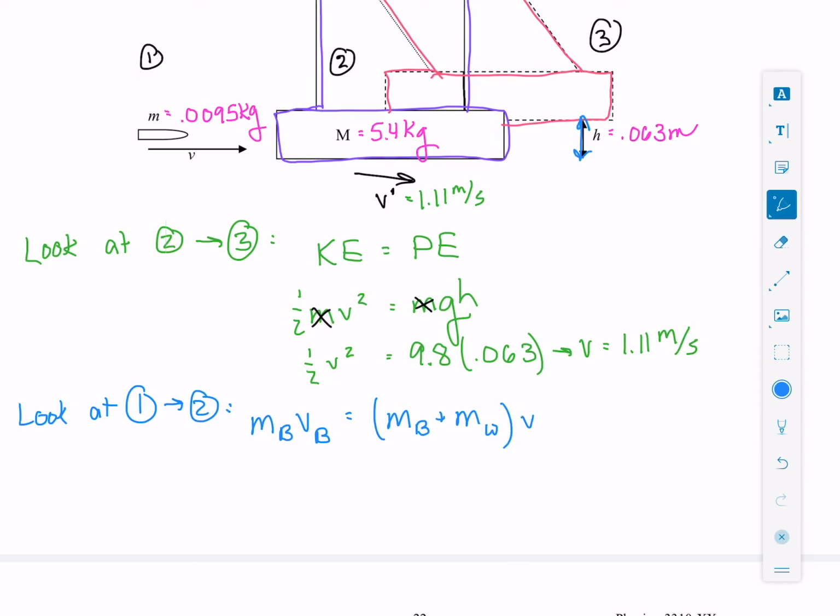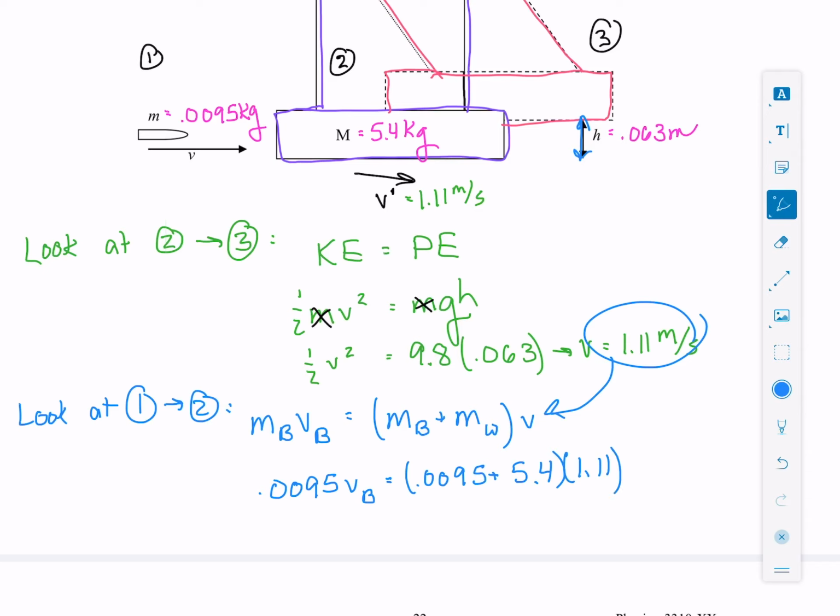That's the speed that we just found here. This speed is going to go here, and we're looking for the initial speed of the bullet. 0.0095 times the speed of the bullet is going to equal 0.0095 plus 5.4 times 1.11.